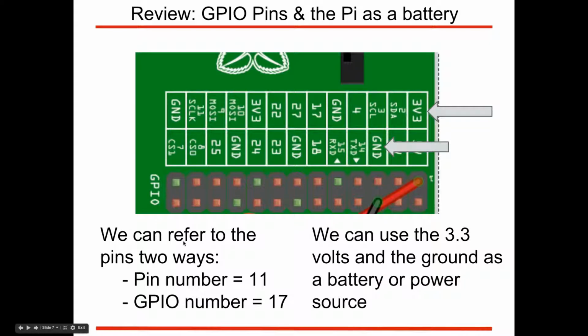Yes, exactly. Basically, we are going to use your jumper wires to jump power from the Pi off of these pins into the breadboard and make circuits. Like you would do if the car needed a jump. Exactly. Okay. Thank you.